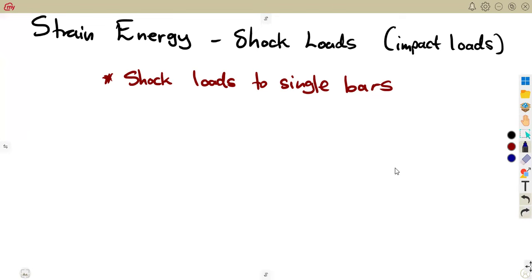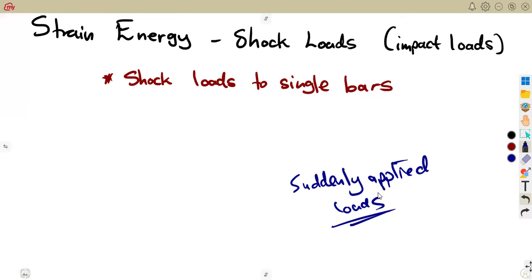Remember, when we talked of suddenly applied loads, I referred that it is one in which the full force is applied instantaneously, not gradually. It is instantaneous, but there is no impact. That was what we had when we were dealing with suddenly applied loads.